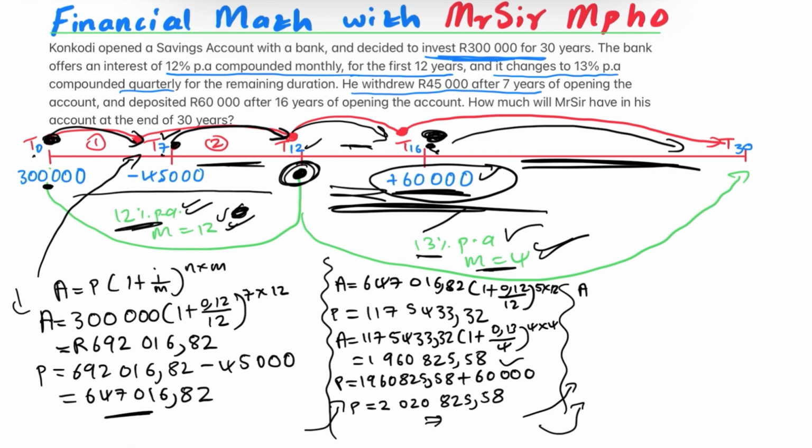So now our A will be our new P, which is 2,020,825.58, right? Into 1 plus 0.13 over 4 to the exponent between T30 and T16. How many years do we have here? You just say 30 minus 16. You're going to have 14. Then 14 years multiplied by 4. So you're going to say 4 multiplied by 14, or you can say 14 multiplied by 4. Then you're going to get the final answer.